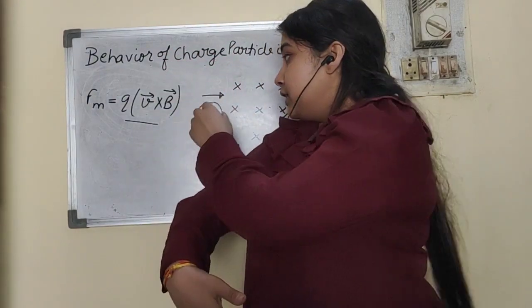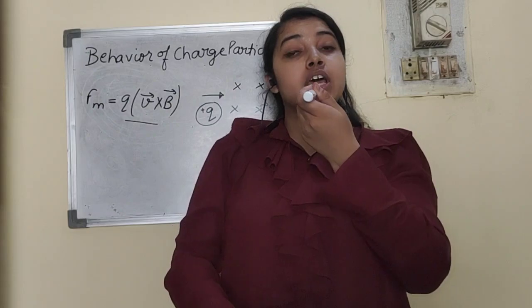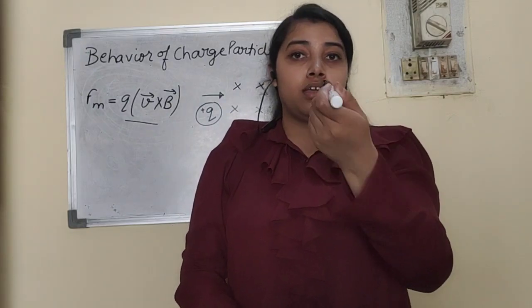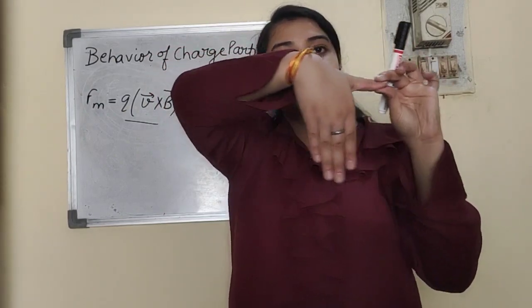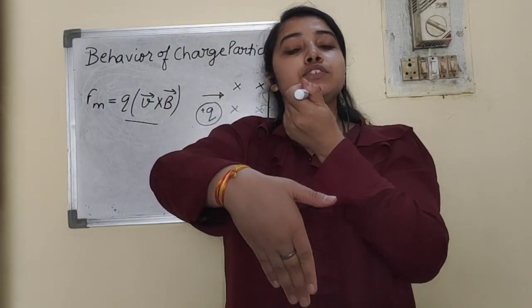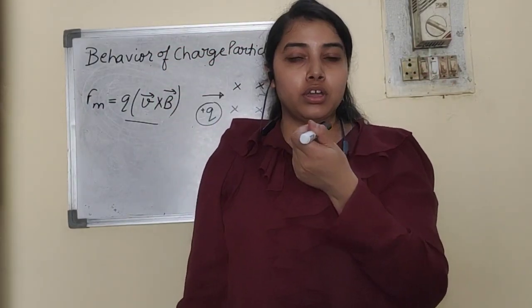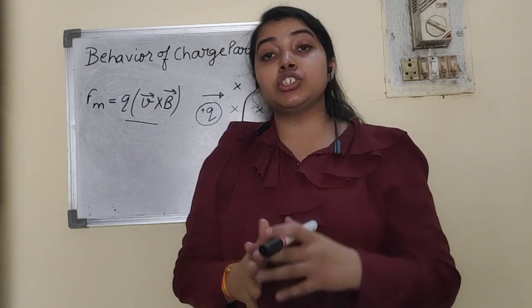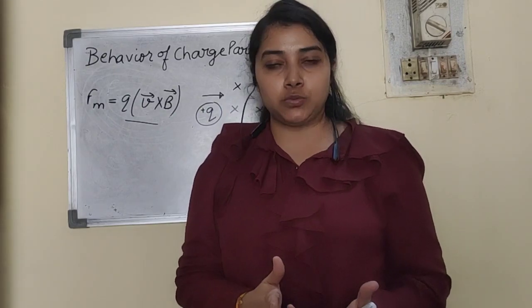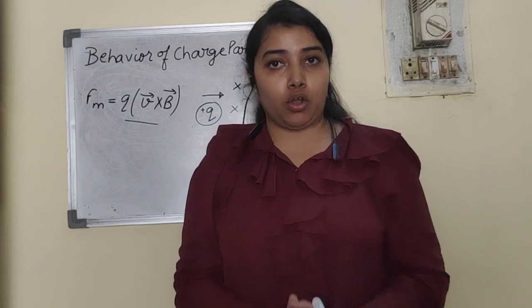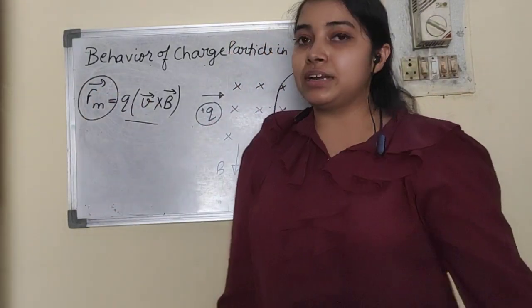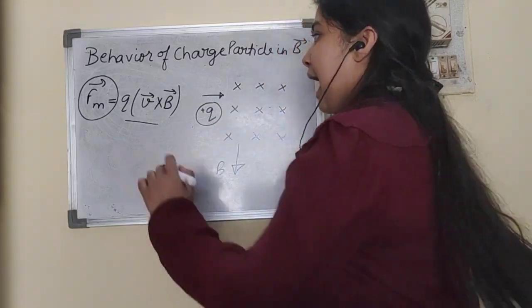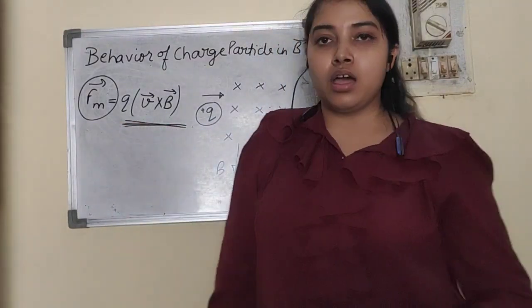So the charged particle here will experience its force towards the board. This is the direction of magnetic field. This is the direction of motion of positive charged particle. So it will experience its force towards the board. So this force will tend to change the direction of the motion of charged particle. It will not change the velocity. So the direction of the force is represented by right hand palm rule, and this is the magnitude of the force.